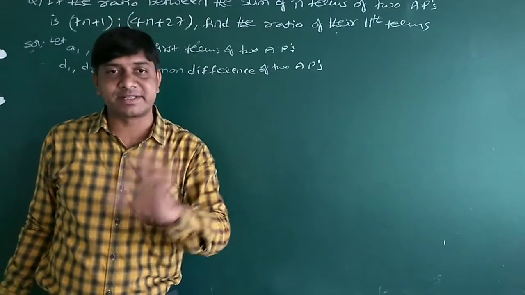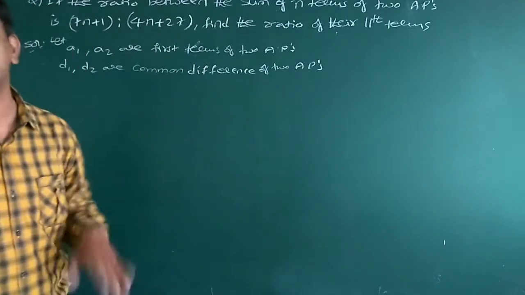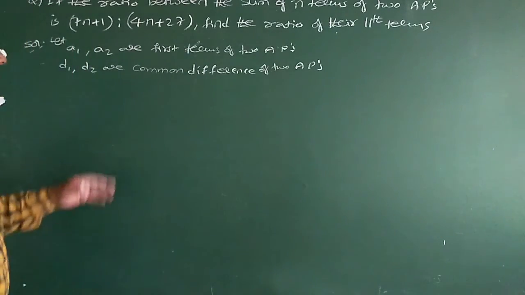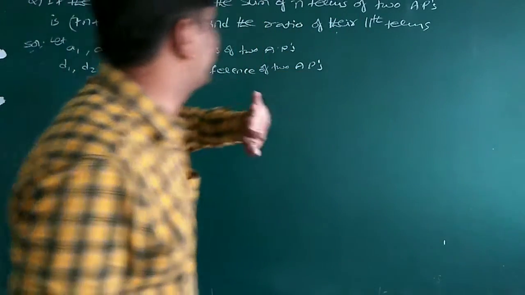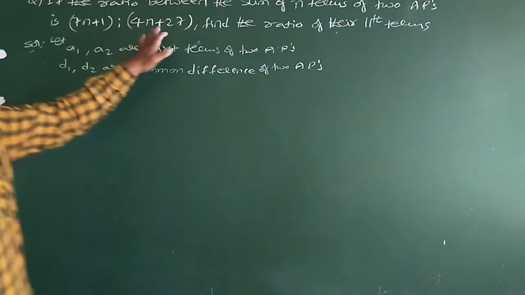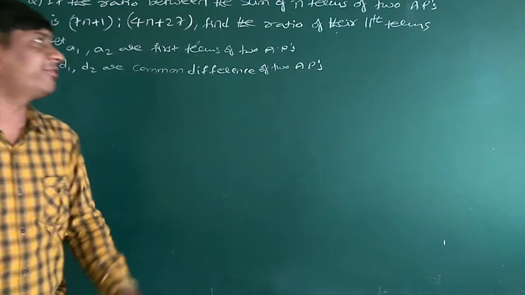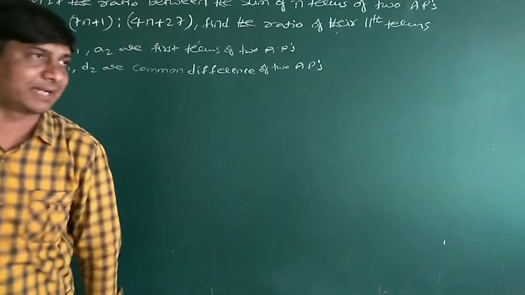These are not exact values, these are my assumed values. If the ratio between the sum of n terms of two APs is 7n plus 1 is to 4n plus 27, then find the ratio of their 11th terms.